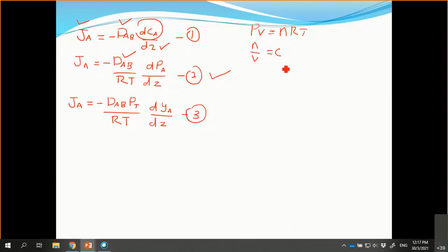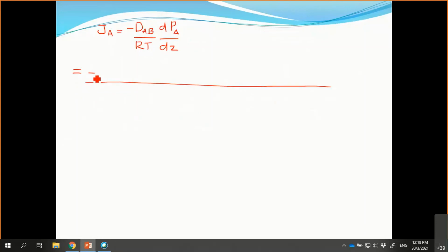So you can still find the value of concentration based on the value of pressure and RT. If you want to use the value of mole fraction, you know that you can define mole fraction YA as equal to either CA over C total, or in terms of pressure, PA over P total. So you must be able to know how to relate all these three equations.